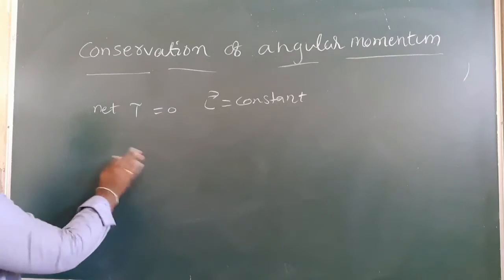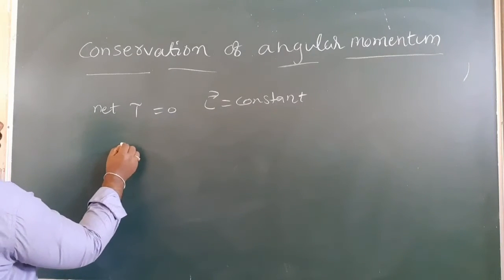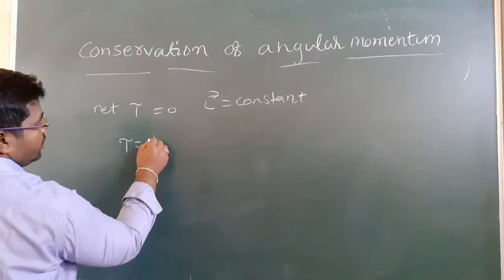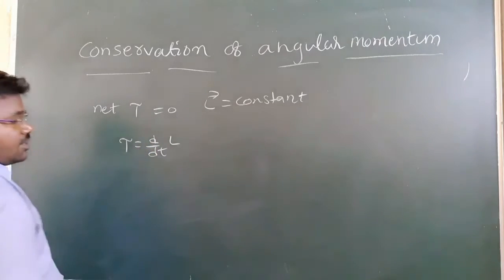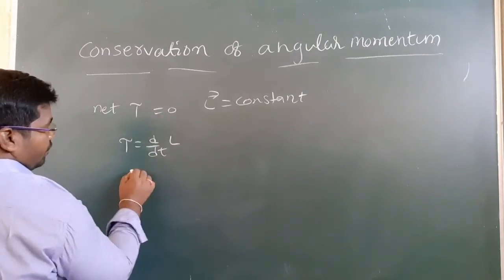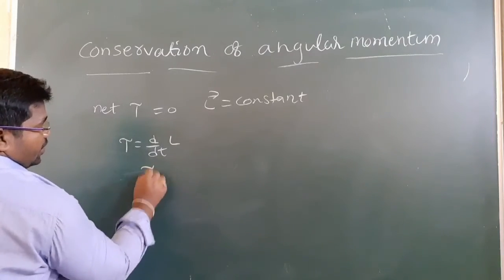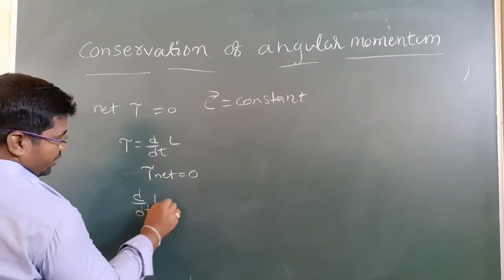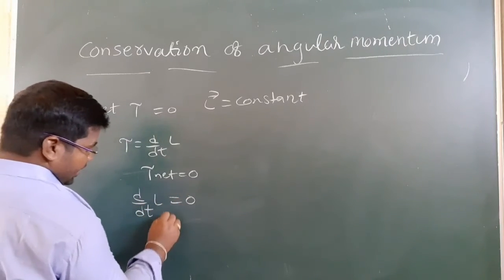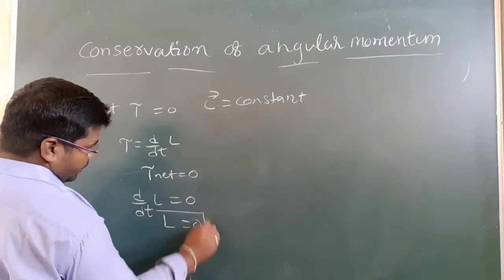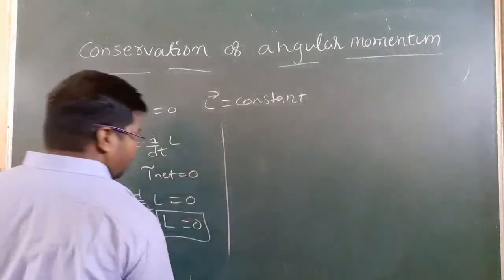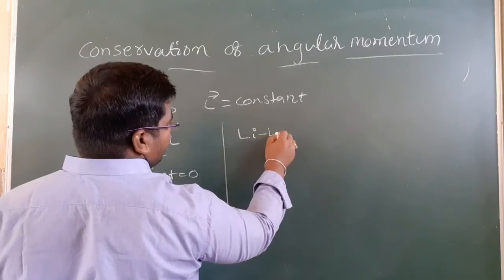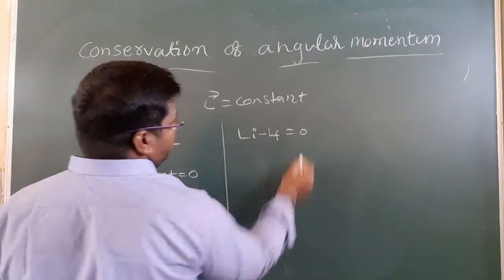According to the previous condition, tau is equal to d by dt of L. If tau net is equal to 0, then d by dt of L is equal to 0. So L is constant, meaning Lf minus Li, final minus initial, is 0.